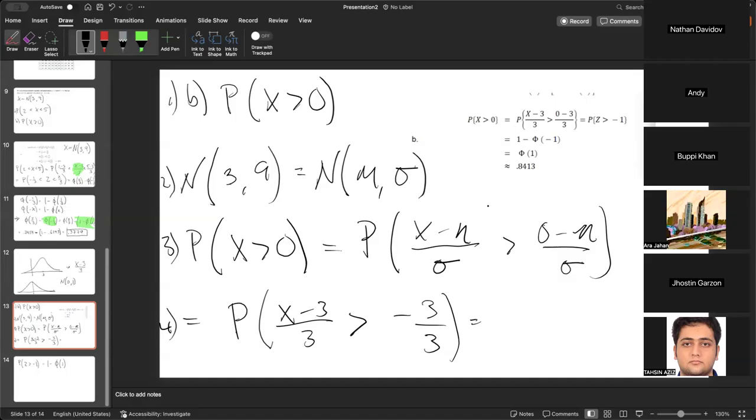Shouldn't it be over 9? No, because you divide by sigma, not sigma squared. Oh, sorry, this is sigma squared. To normalize, you actually divide by the square root of the variance, which is the standard deviation. Okay.